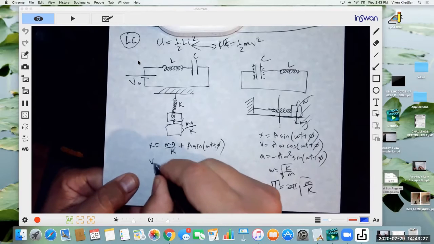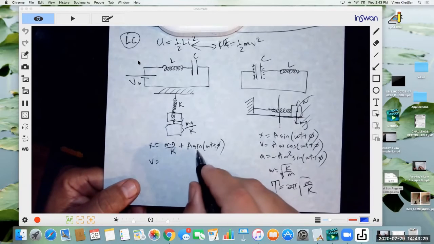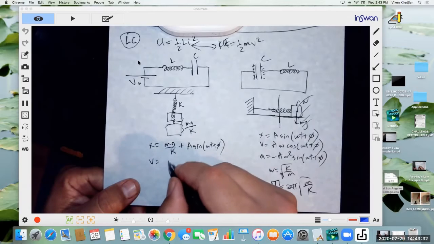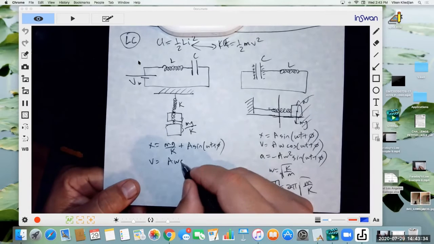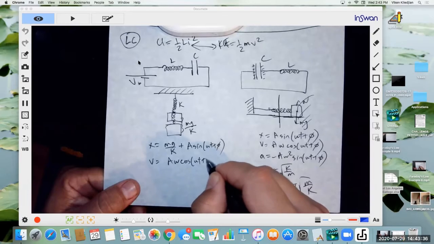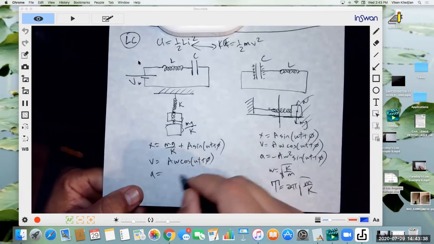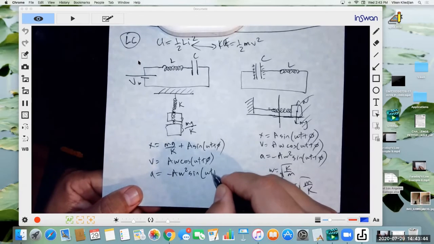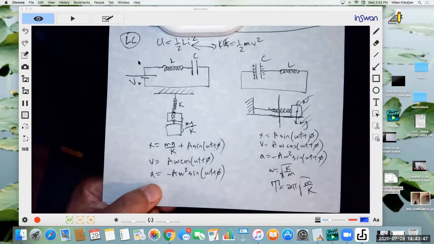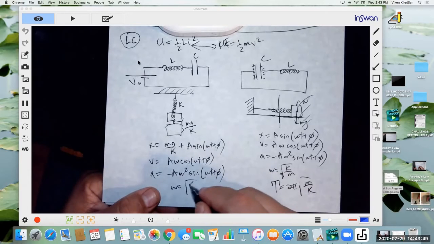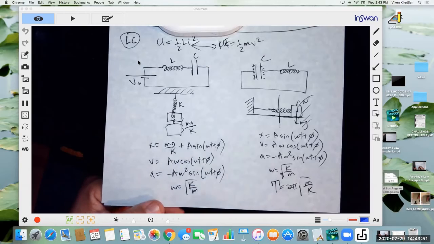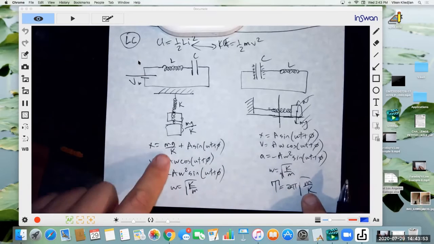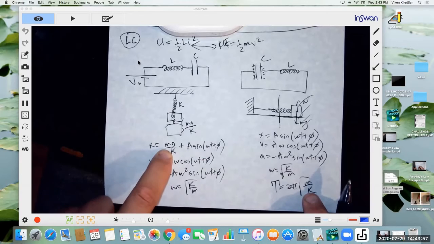So then V is going to be the derivative of that, A omega cosine of omega t plus phi, and then a is the derivative of that. And then omega is the same thing, square root of k over m. So that part is the same. The only difference is that it has a certain stretch amount to begin with.